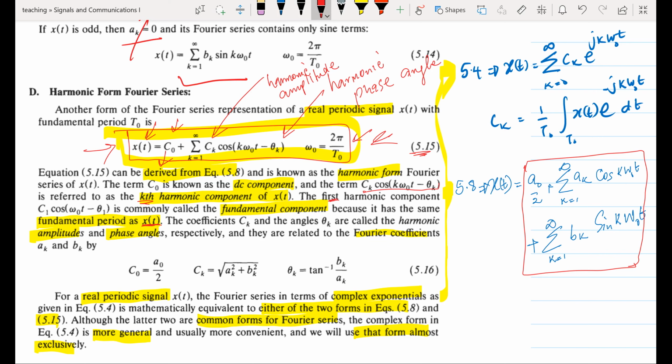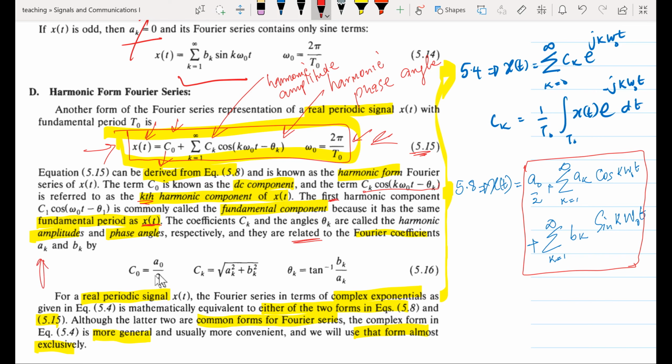Those terms are going to come in quite prominently when we start doing mathematical problems, where you might be told to find the second harmonic amplitude of a real signal x(t), and therefore we should be able to do that. They are related to the Fourier coefficients ak and bk that we defined earlier.